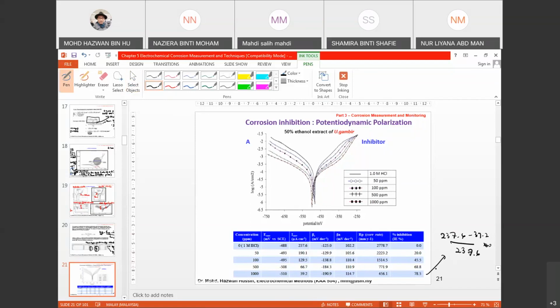So for the mode of inhibition, you can see that it is mixed type because both sides still have a difference, but predominantly at the cathodic side. In fact, if you calculate the difference, you see more difference is obtained at the cathode, right?